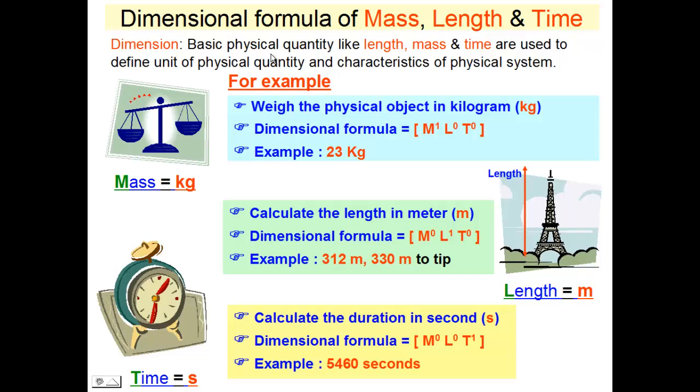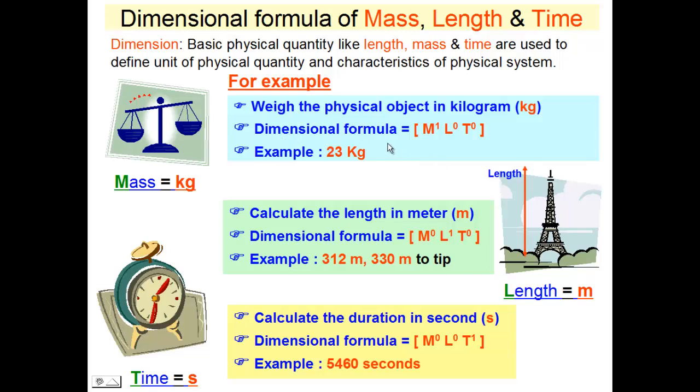Basic physical quantities like length, mass and time are used to define units of physical quantities and characteristics of a physical system. For example, we weigh a physical object in kilograms, which means kg. Example: 23 kg, 50 kg, 1000 kg, etc.